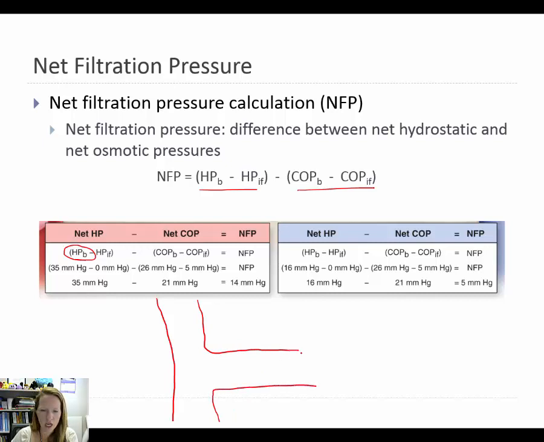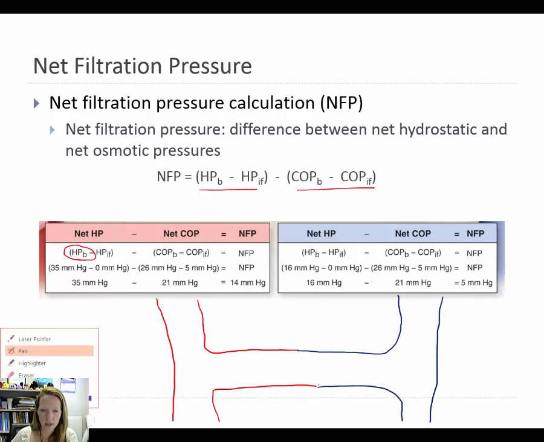And let me change my pen to blue so we can get that venule side working over here. Perfect. All right. So I'm going to use a black pen to write out all of these numbers. Let's first go ahead and set up all of these pressures and see where they're at.